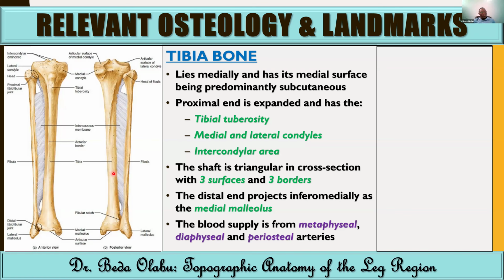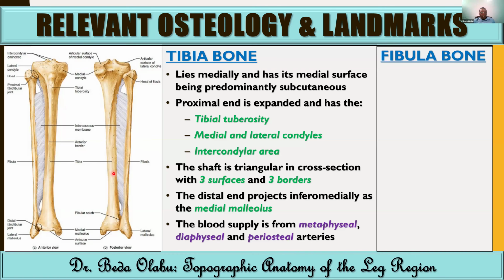Compound fractures will also take time to heal because of the chances of infections being common. So tibia is one of those bones that tends to get compound fractures because it is subcutaneous. And then another clinical concept that you also mentioned is that tibial fractures take a long time to heal because of poor blood supply, especially its distal part. And I've given you reasons why the distal part has poor blood supply.